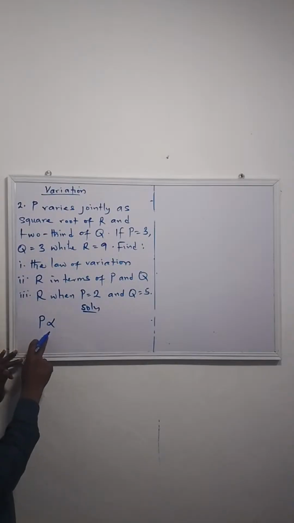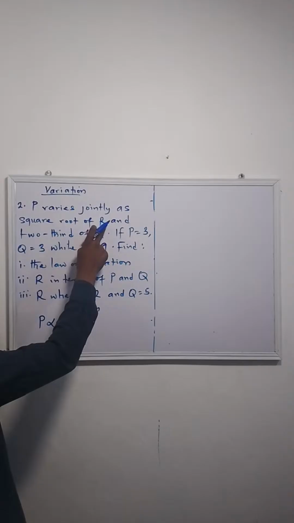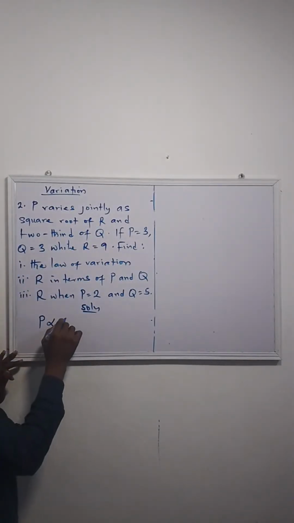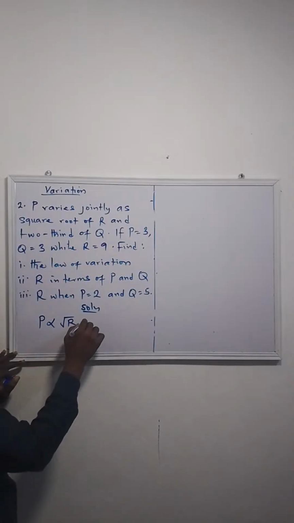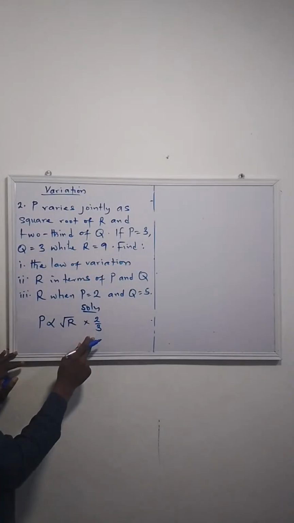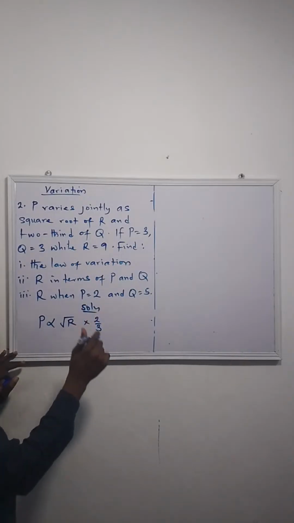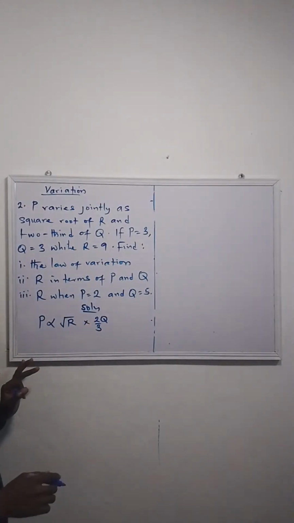P varies jointly as the square root of R, and 2/3 of Q. So that is times 2/3 of Q, like this.